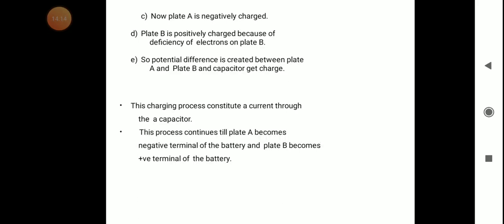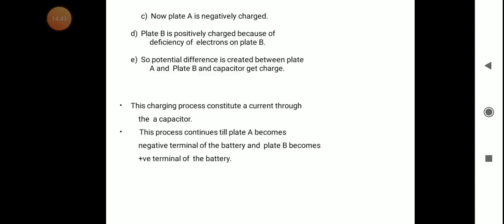The meaning is that the total amount of negative charges reaches capacitor plate A, and the total amount of positive charges reaches plate B. When the maximum capacity of the capacitor is reached, the charging stops. So this is after charging. Next there is another step.